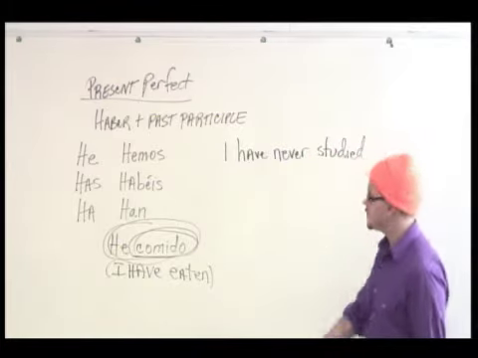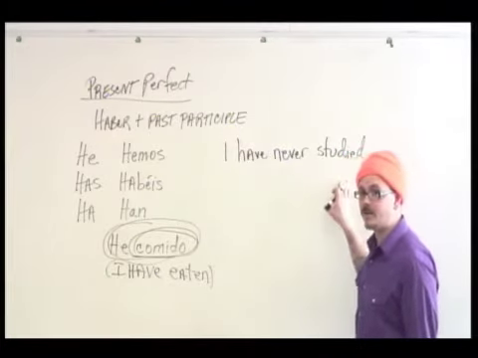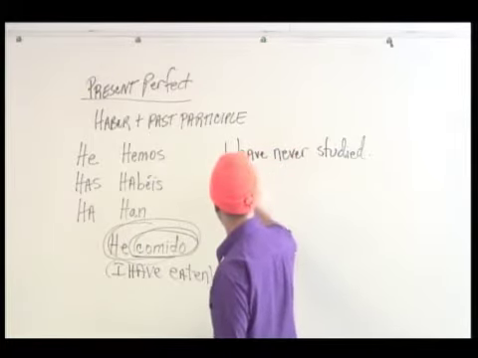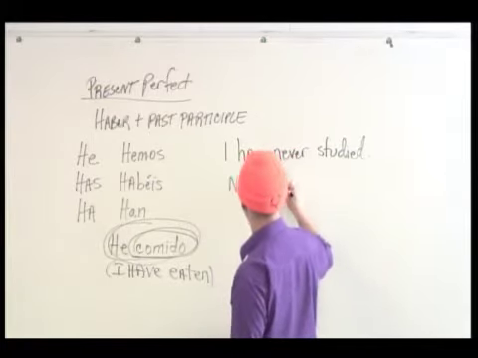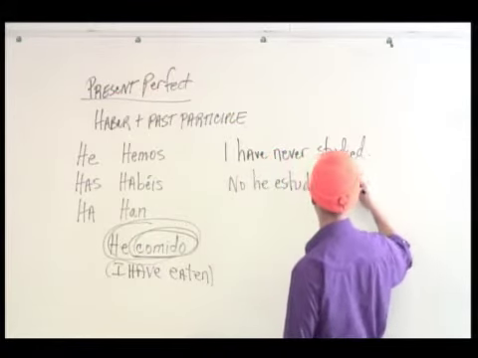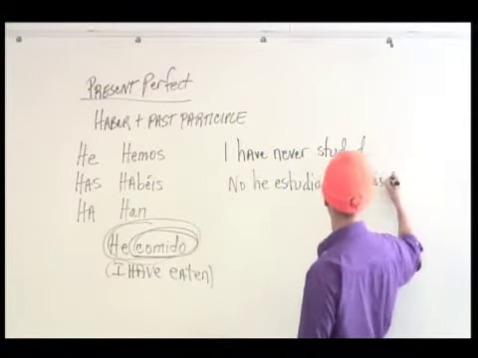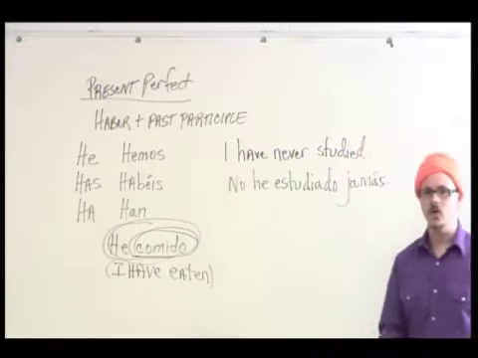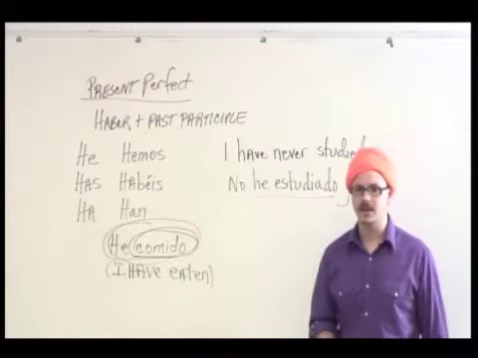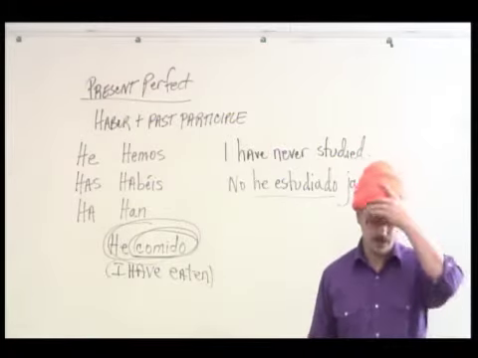Right there, we've split up have and studied. In Spanish, we'll never do that. We would say something like, no he estudiado jamás. Okay, we wouldn't say, no he jamás estudiado. So the he estudiado needs to stay together. That's very important.